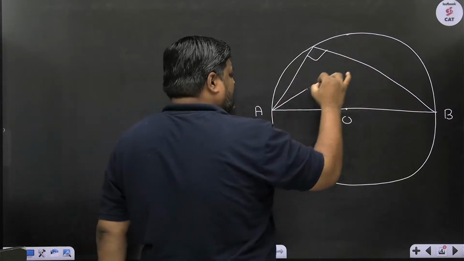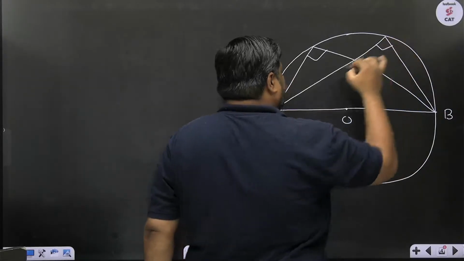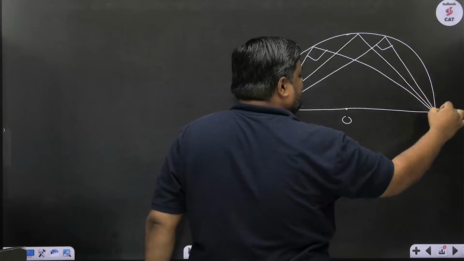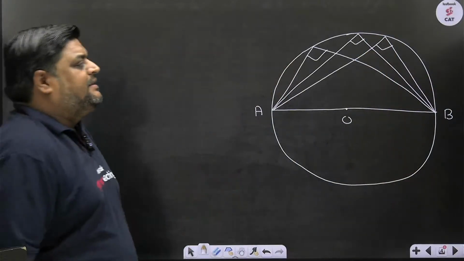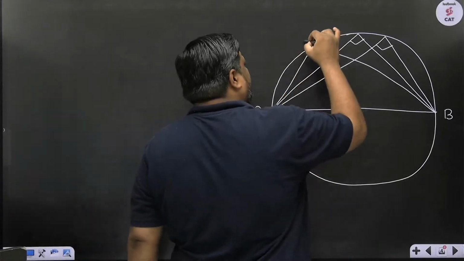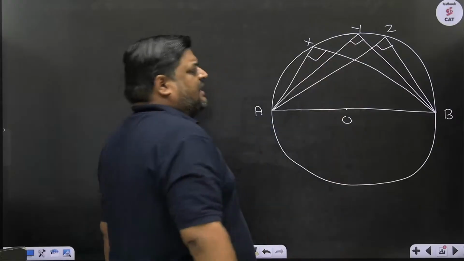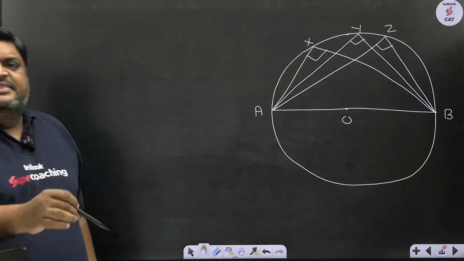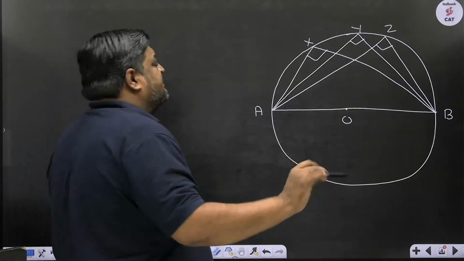Anywhere you draw a triangle on the arc of a semicircle, that angle would be 90 degree. So what do we say? Angle in semicircle is 90 degree.